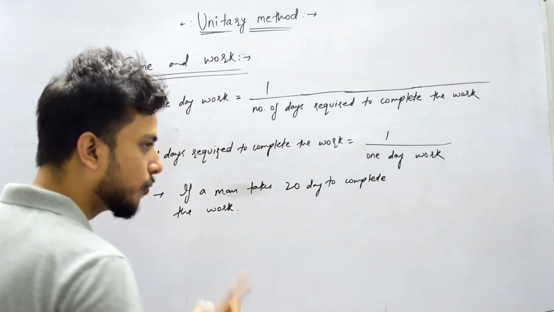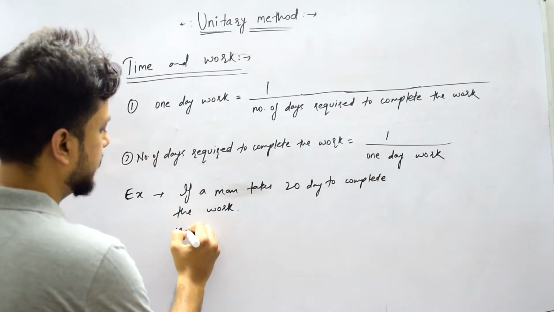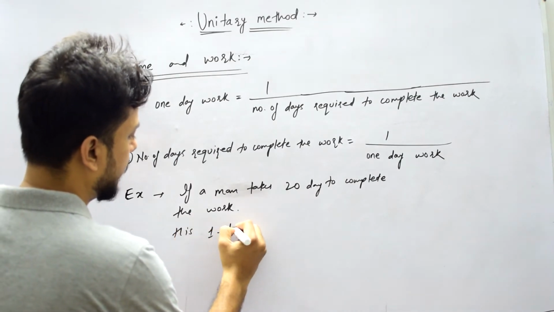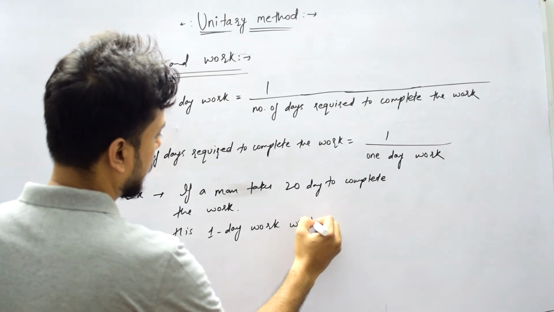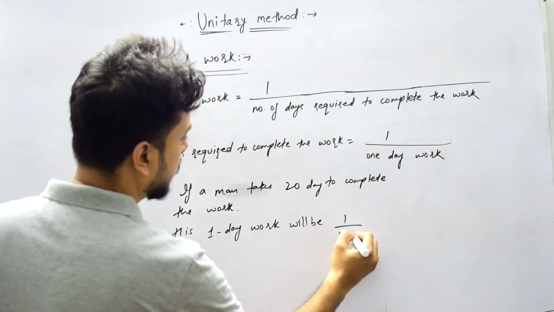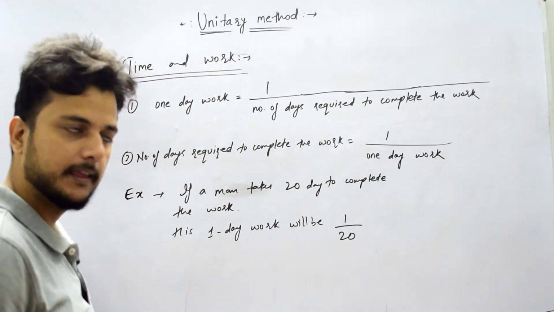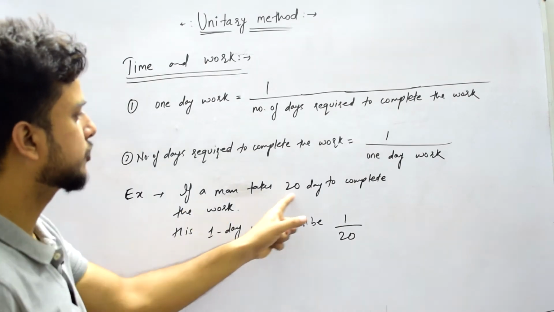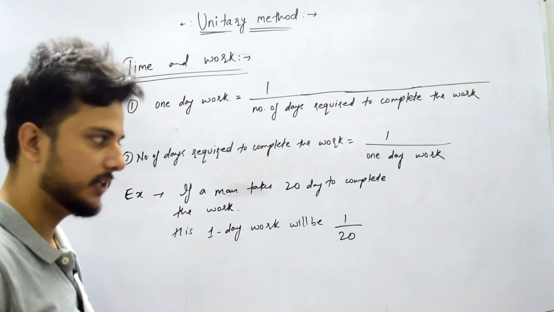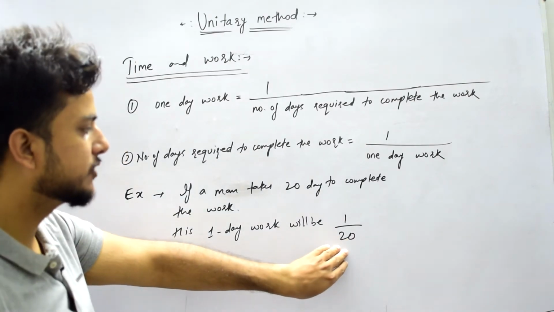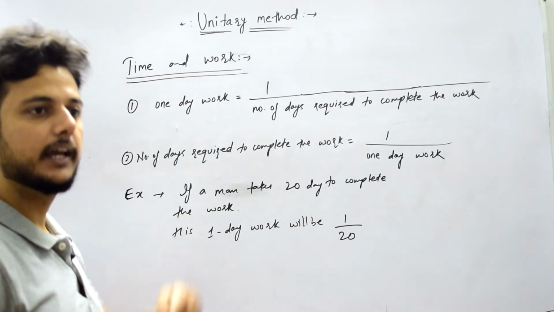Then his 1 day work will be 1 by 20. Understood? So if a man takes 20 days to complete the work, his 1 day work will be 1 by 20.